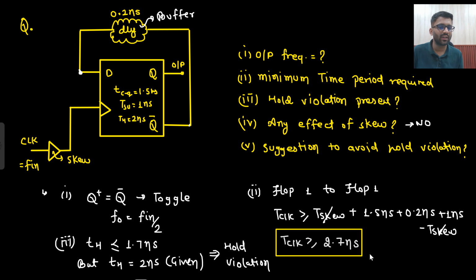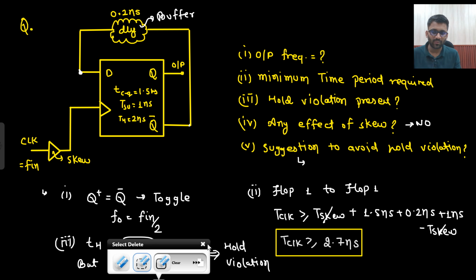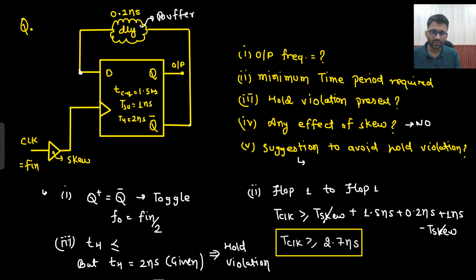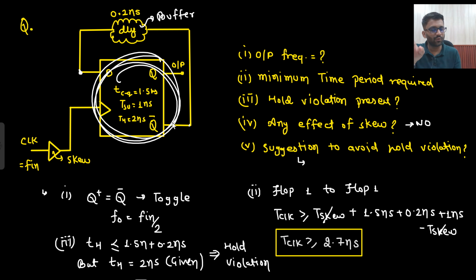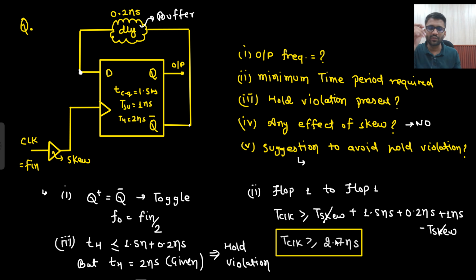Any suggestion to avoid hold violation? Which suggestion will you give? You need to increase this time. What was this time? How did you get 1.7 nanosecond? That was 1.5 nanosecond plus 0.2 nanosecond. Clock to Q you cannot do anything about, because when you have designed this flop, it is fixed.